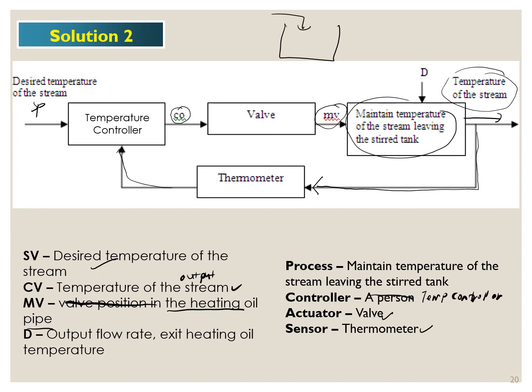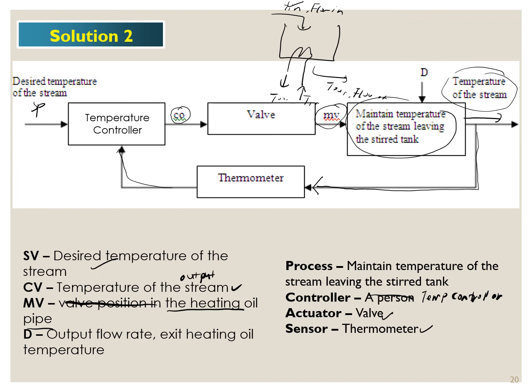So we have variables: temperature in, flow rate in, temperature out, flow out. This one is our manipulated variable, so the rest can be our disturbance variables.